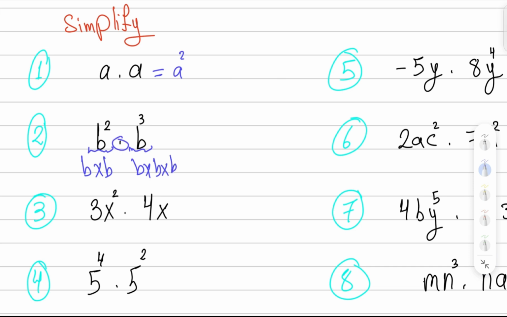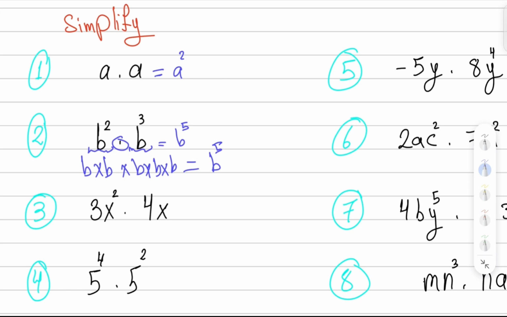And we have a multiplication in between. So now as you can see, the b is multiplied by itself 5 times. We can replace this repetitive multiplication using an exponent. Instead of saying b times b times b 5 times, we can say b to the power 5. So the answer here for this algebraic expression is b to the power 5.